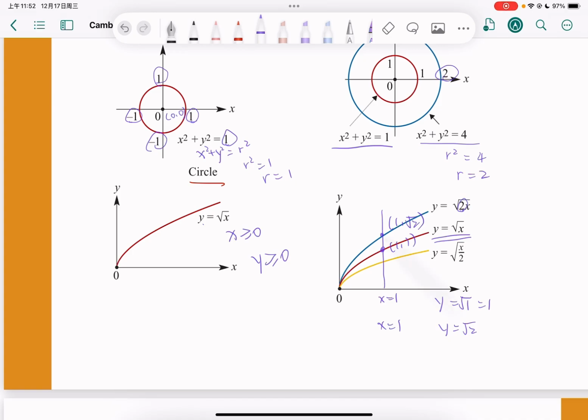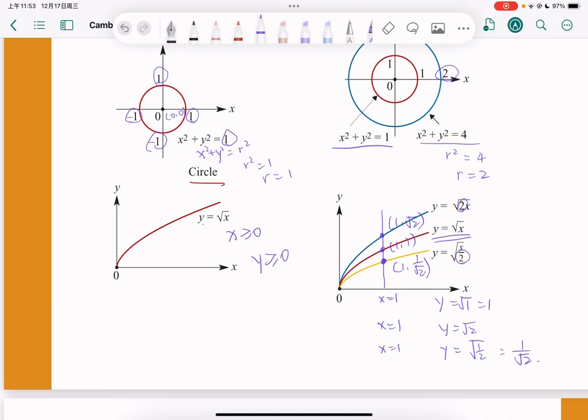And the yellow curve is 1 on square root 2, so y is 1 divided by 1.4, which is smaller than 1. So if we divide something in the square root, then it will get a lower value.